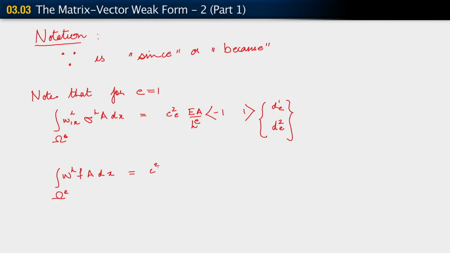So the forcing term is just C2E times F A HE divided by 2, times 1. Okay, so those are the contributions from element E equals 1.